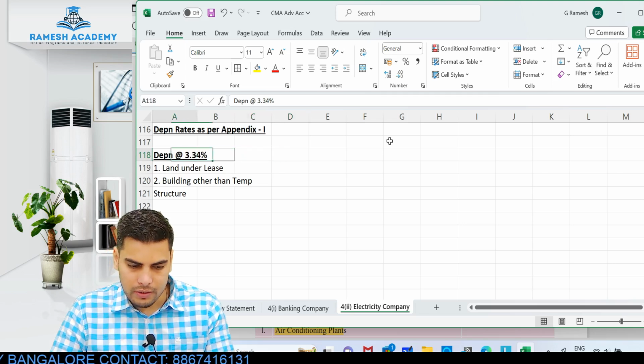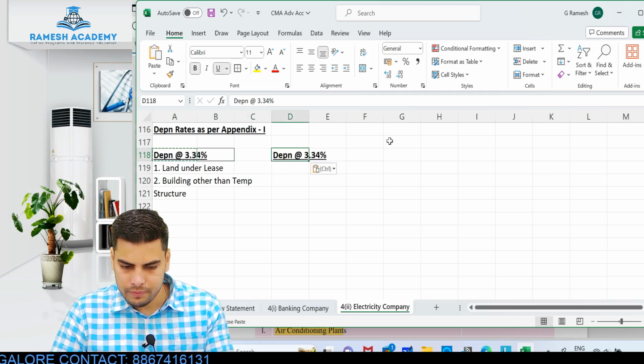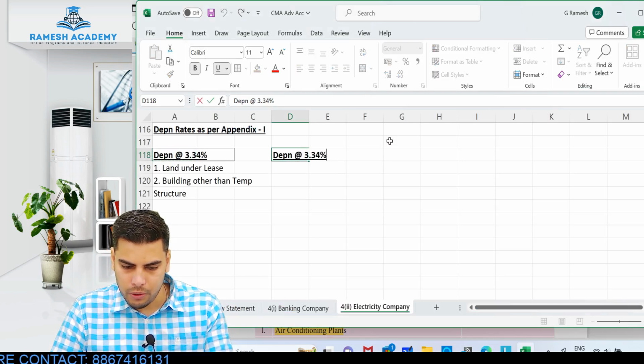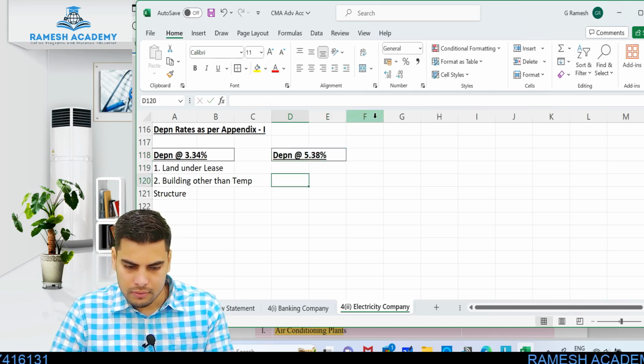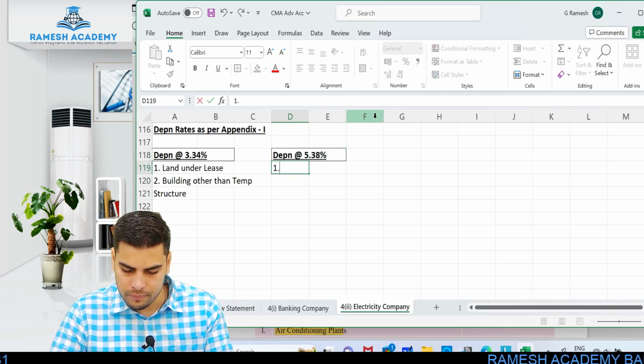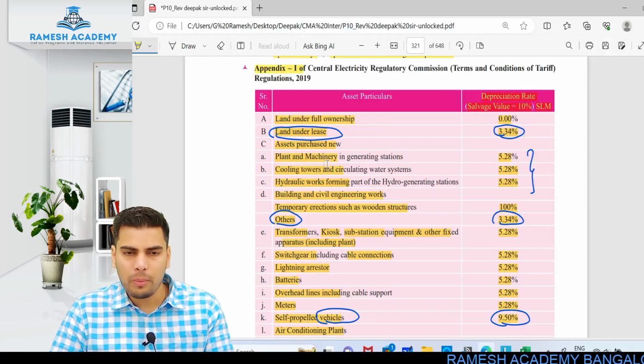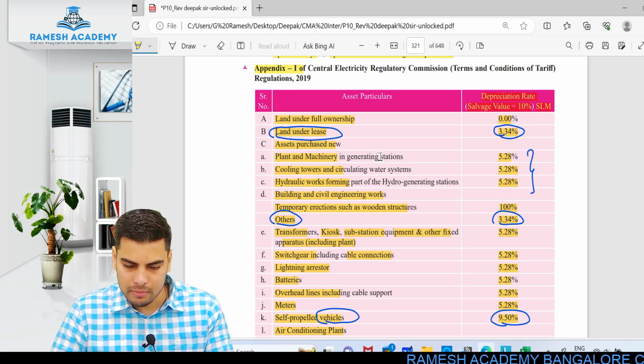The next rate of depreciation would be 5.28. This is the case where the majority of assets will be charged. First, all your plant and machinery. Whenever they say plant and machinery, everything will be charged depreciation at 5.28.